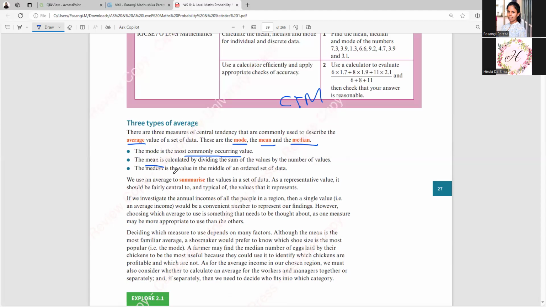Then the third one: the median is the value in the middle of an ordered set of data. Median means the middle number.